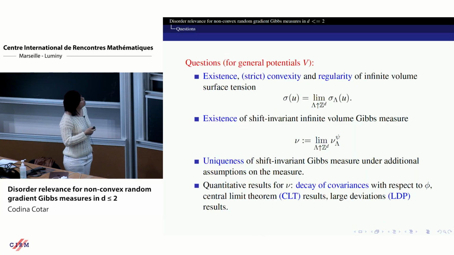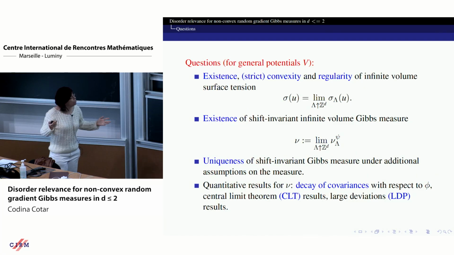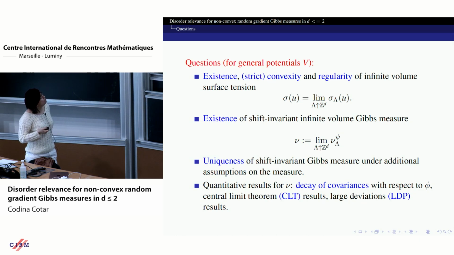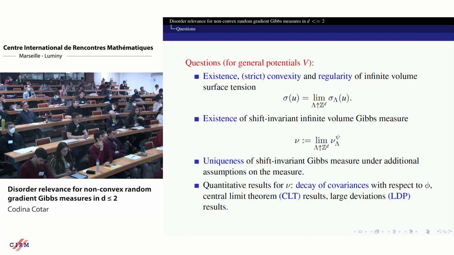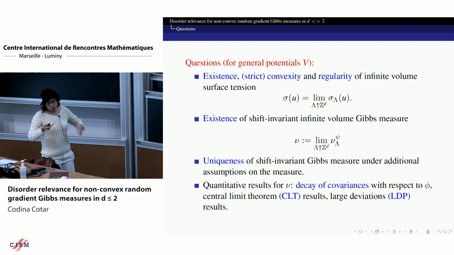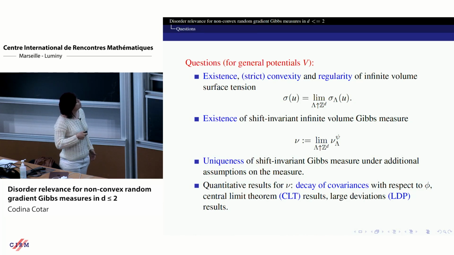Is there a limit of this finite volume surface tension? Then you may want to ask what kind of properties this limit has if it exists. The questions that we care about are: is it convex, or is it strictly convex? Does it have some sort of regularity? So these are the questions that we care about regarding the surface tension.